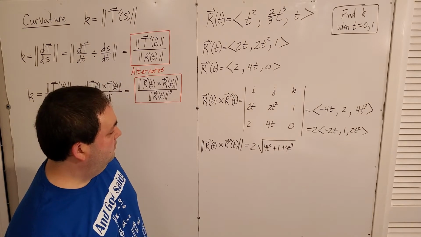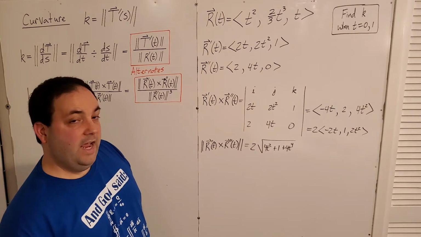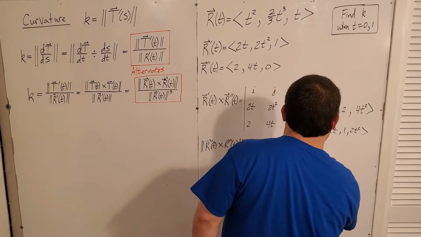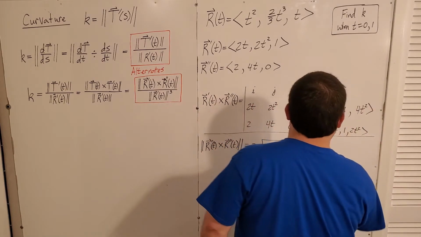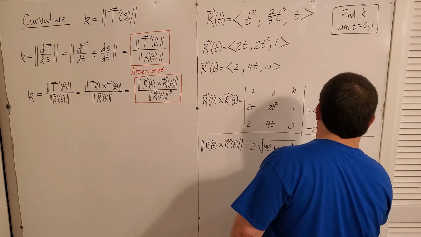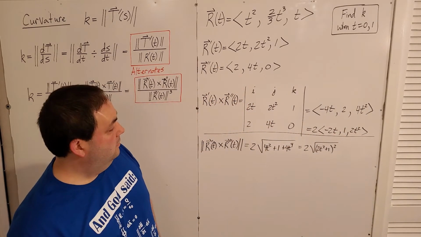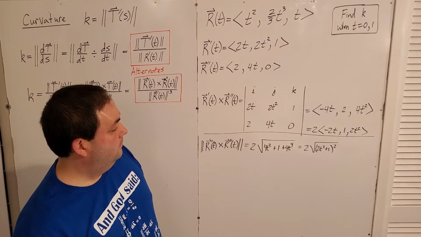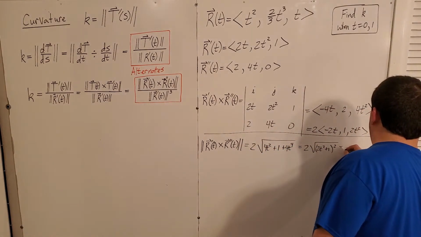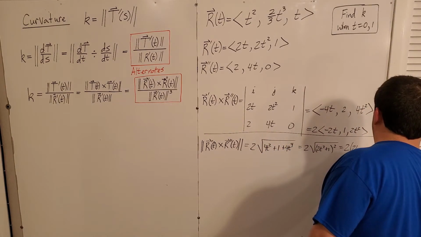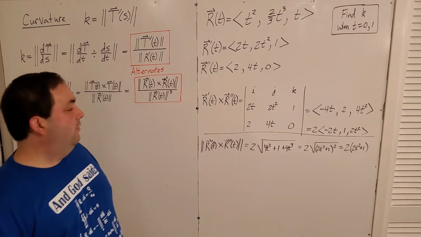Okay? You should recognize that if I rearrange the terms as something that I can factor into a perfect square, which we like to see, right? I'll have square root of 2t squared plus 1 squared, right? Okay? Which should then give me this as the magnitude of that cross product vector.